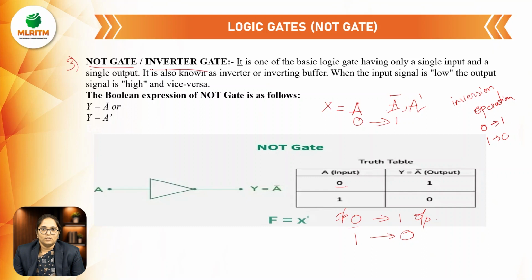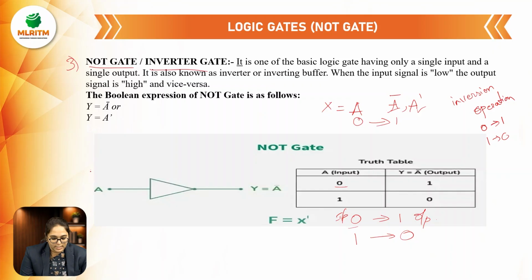So what is a NOT gate? A NOT gate is nothing but an inversion operation of an input value. If the input value is 1, the result is 0. If the input value is 0, the result is 1. So this is the third gate.